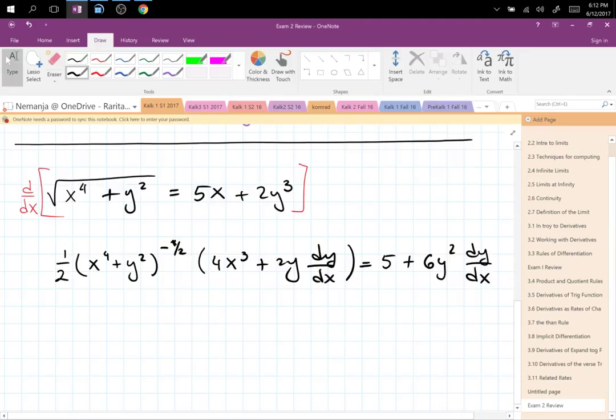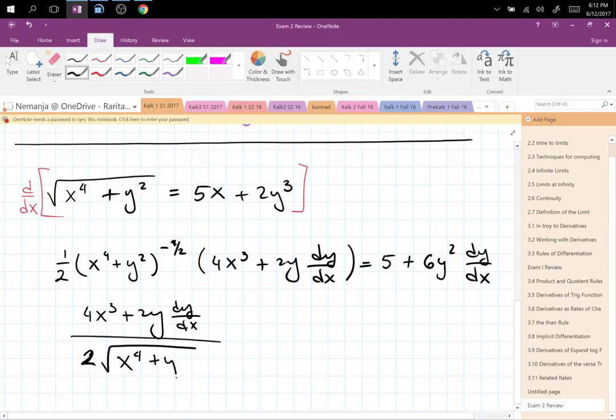Now we simplify this. This is going to be 4x cubed plus 2y dy dx divided by 2 square root of x to the 4th plus y squared, equal to 5 plus 6y squared dy dx.